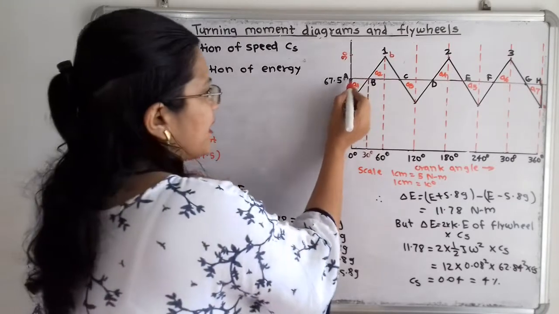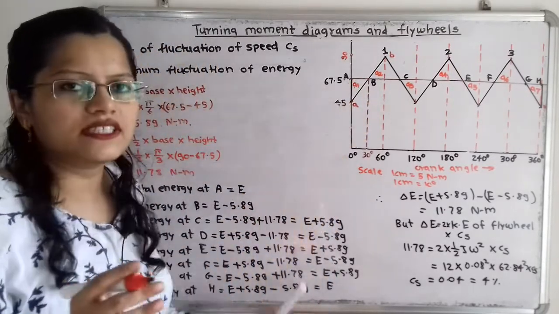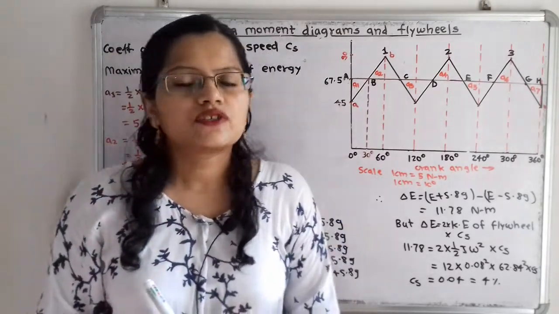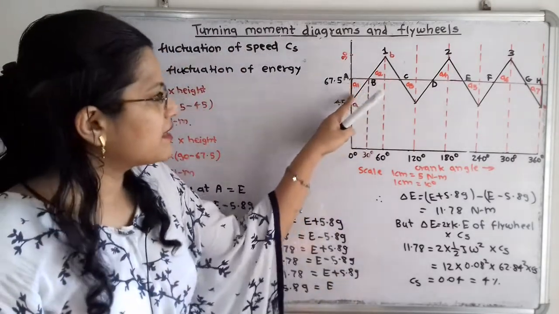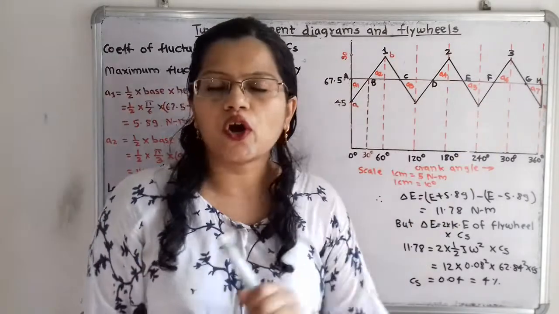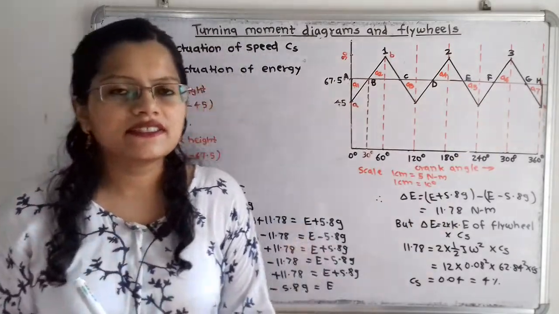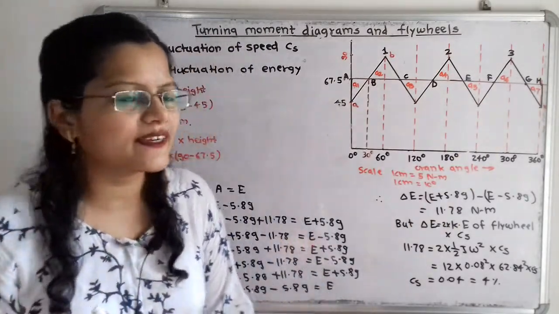So this area is nothing but the energy that is getting stored. So here this energy is below the mean torque line, and that's why this energy we have to subtract.